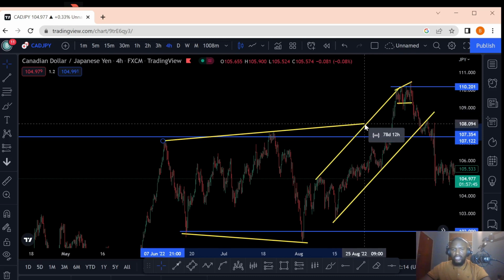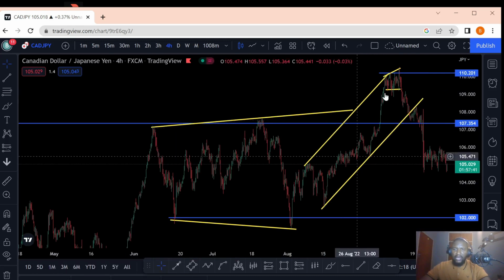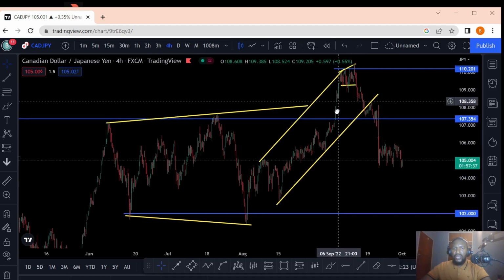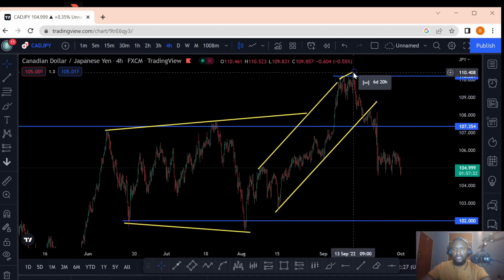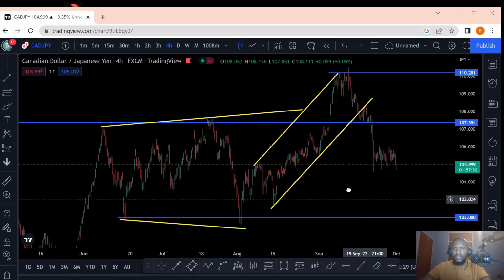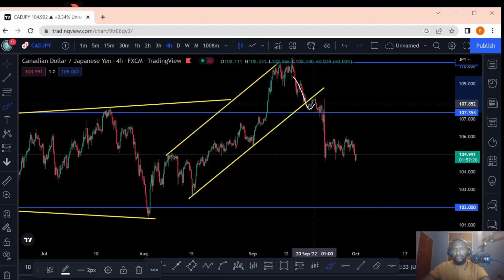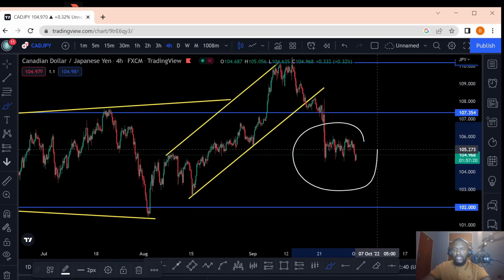So even if you do something like this, you can simply see that we have a first, second, and price went out, gave us a break back in, and we actually got this impulse move to the downside, right? And this impulse move to the downside gave us some sort of breakout, retest, and continuation. So now the question is, what does this continuation mean?